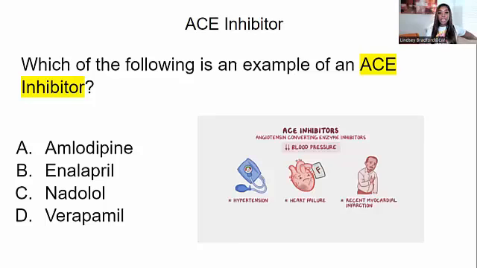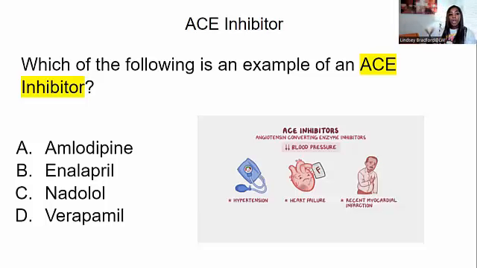This one says ACE inhibitor, okay? So now we're looking at ACE inhibitors, and ACE inhibitors is a drug class, right? It's a drug class that is used to treat high blood pressure. It can be used to treat congestive heart failure. It can be used to treat chest pain, things of that nature, okay?